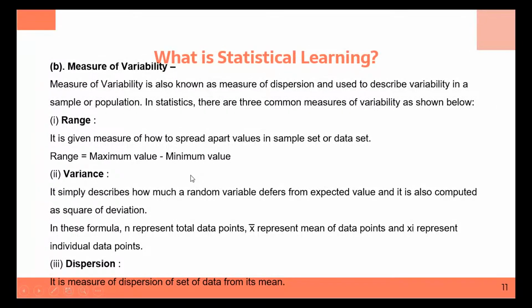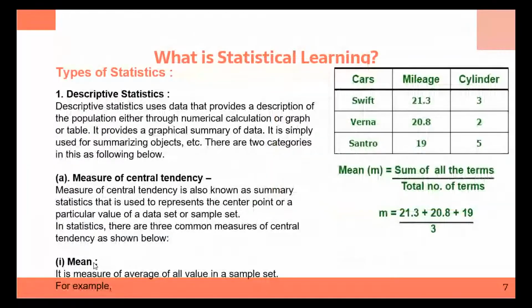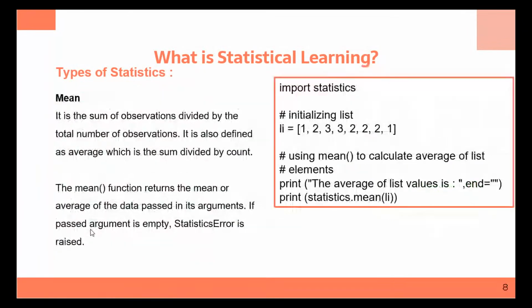I hope all of you have understood till now. Any questions? We have studied so far the measure of variability, which measures how the numbers in a column vary in terms of numeric values, and we find that out with the help of three functionalities: range, variance, and dispersion. We also studied descriptive statistics with the help of the mean.